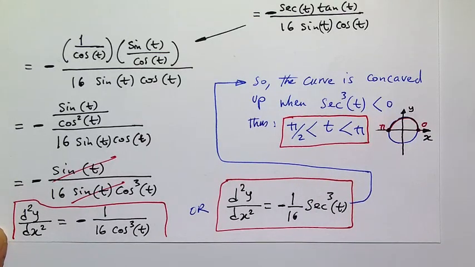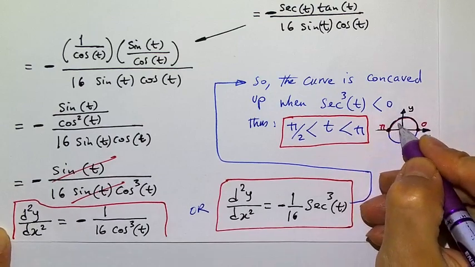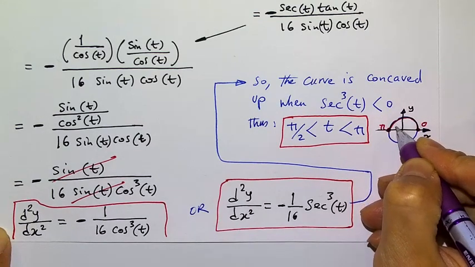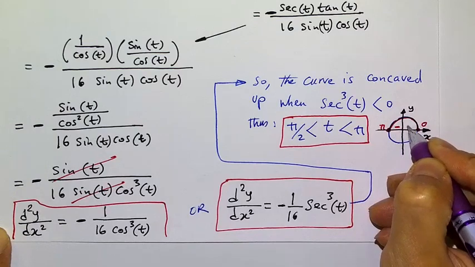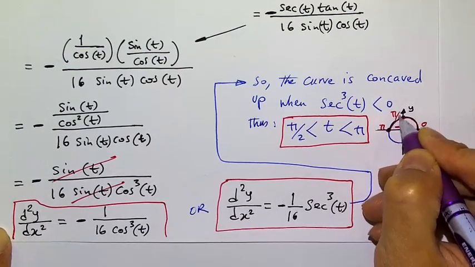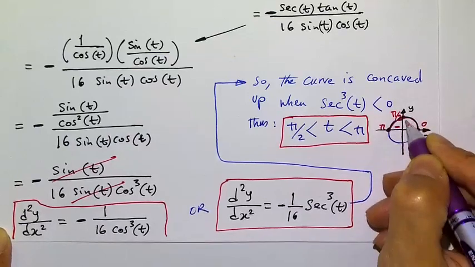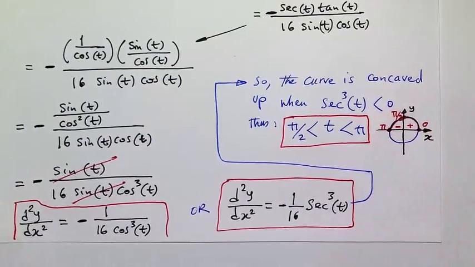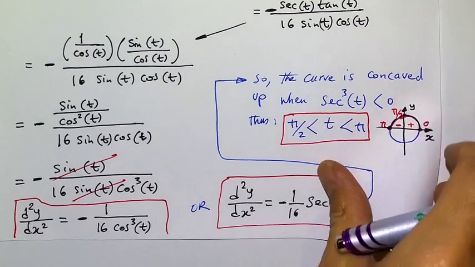This is where cosine is negative, right there. On that side is positive, and right there is pi over 2. So from pi over 2 to pi, we're going to have that expression negative, which means this whole thing will be positive. Okay, so let's look at another example.